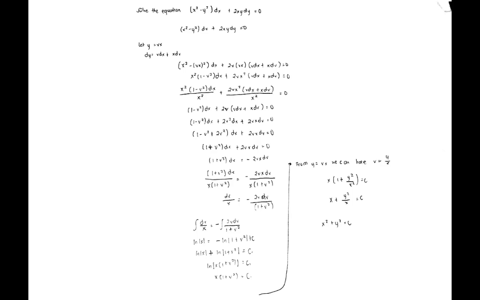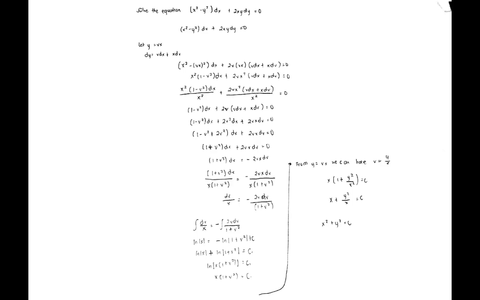Now, to eliminate the x squared, we divide it. After dividing, we have (1 minus v squared) dx plus 2v times (v dx plus x dv) equals 0. Simplify by substituting: (1 minus v squared) dx plus 2v squared dx plus 2vx dv equals 0. Now combine the like terms: (1 minus v squared plus 2v squared) dx plus 2vx dv equals 0.